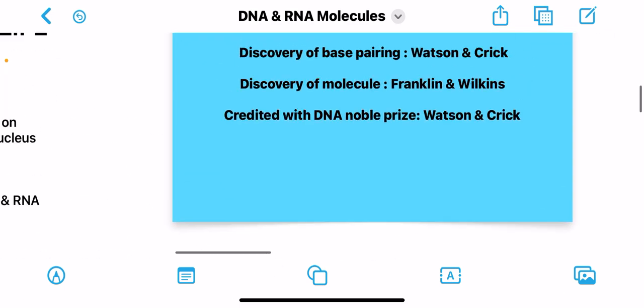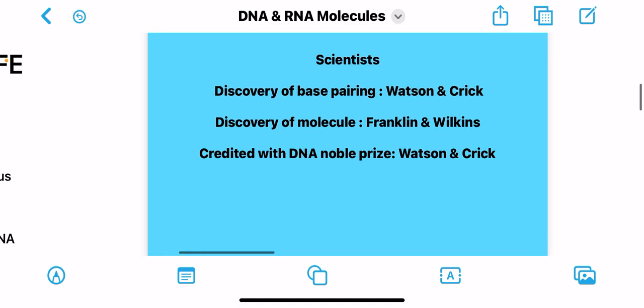So now, we have scientists who discovered the DNA molecule. Now, who discovered it? It is Franklin and Wilkins. Rosalind Franklin and Wilkins.